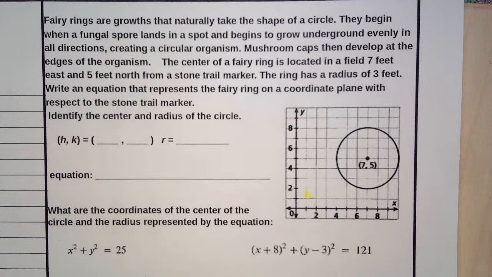Mushroom caps are then developed at the edges of the organism. The center of the fairy ring is located in a field 7 feet east and 5 feet north from a stone trail marker. The ring has a radius of 3 feet. Write the equation that represents the fairy ring on a coordinate plane with respect to the stone wall marker.